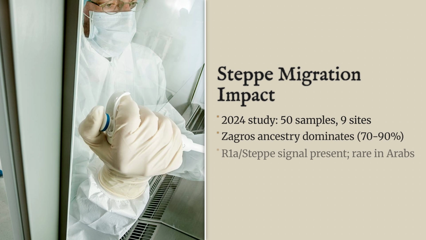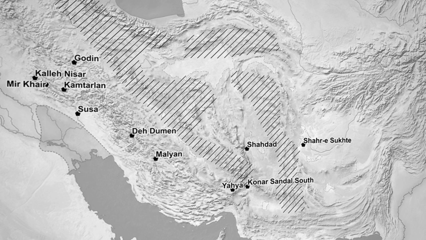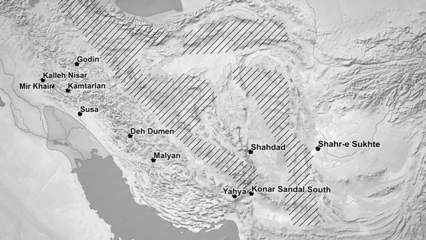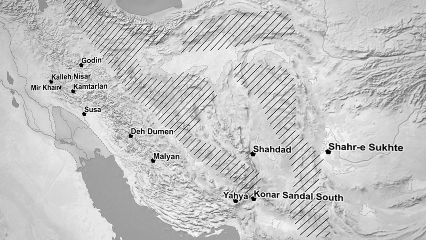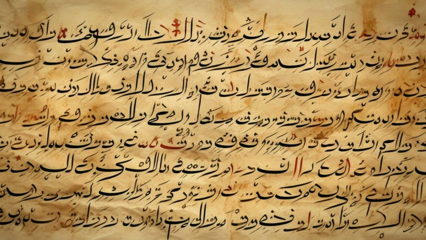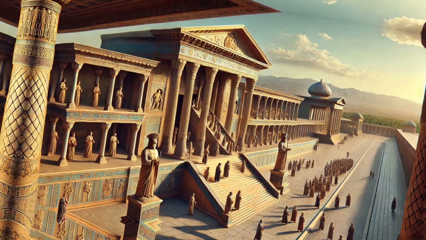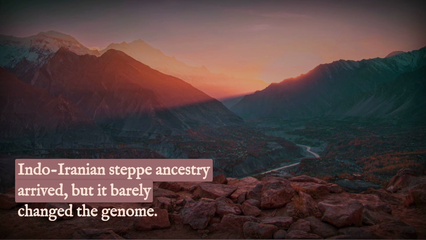And yet, the genetic data from a 2024 study analyzing 50 ancient samples across 9 Iranian sites shows 3,000 years of genetic continuity on the northern Iranian plateau, from the Copper Age through the Sassanid Empire. Conquest changed language. It changed religion. It changed architecture and literature. But it barely changed the genome.